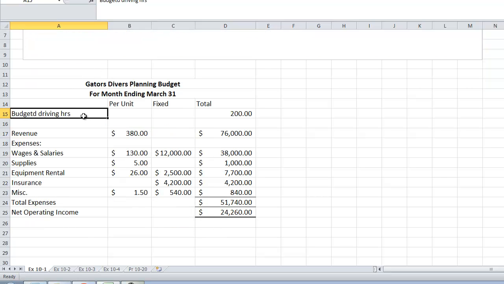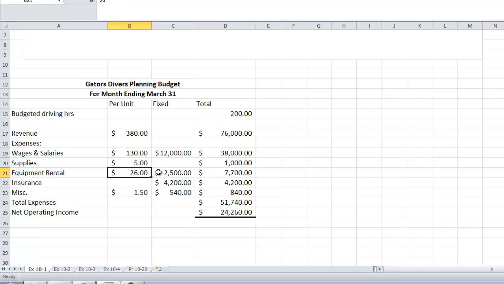So this information was given on their budgeted diving hours. They budgeted 200. This is the per unit cost, and then there's fixed costs. So revenue is $380 per unit. Wages and salaries is $130 plus fixed cost. Supplies is $5 plus no fixed cost.